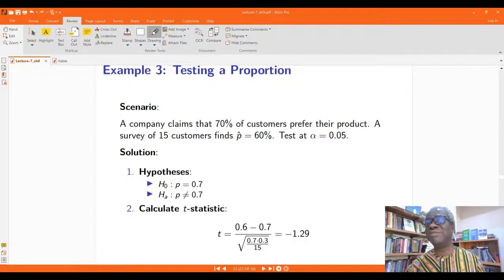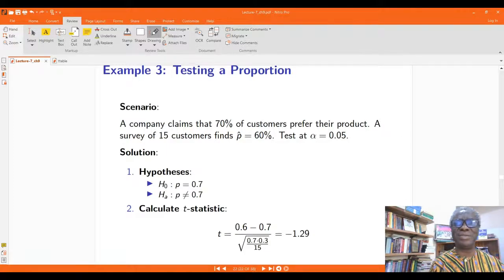That's their claim, maybe between two competing producers. So they are claiming that 70% of customers prefer their product.